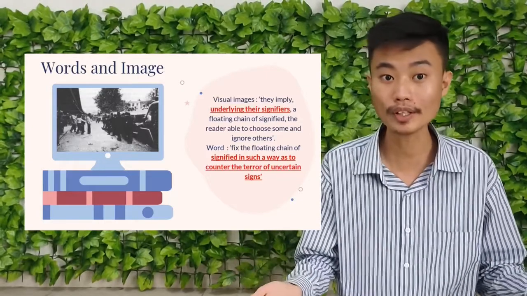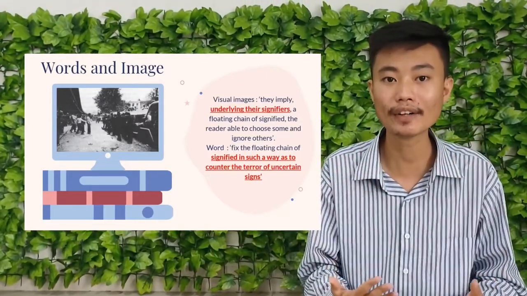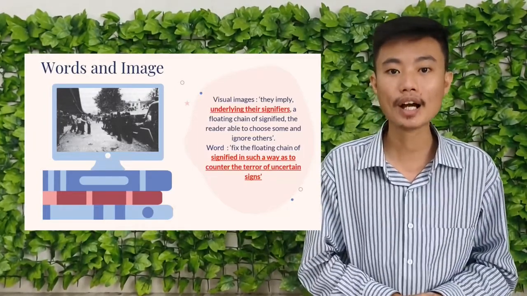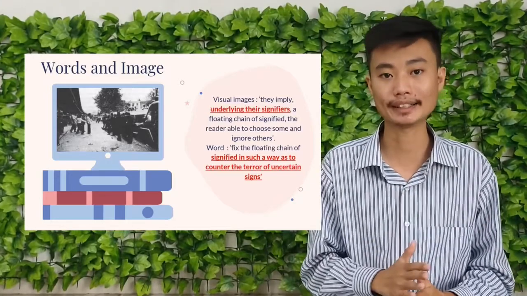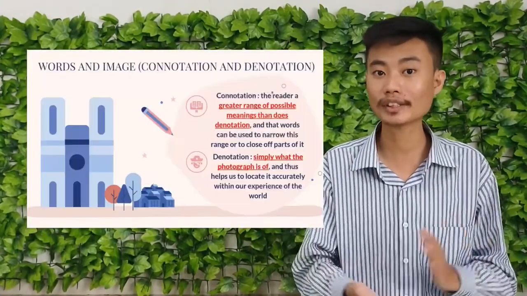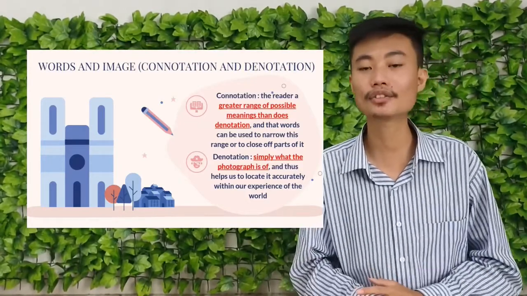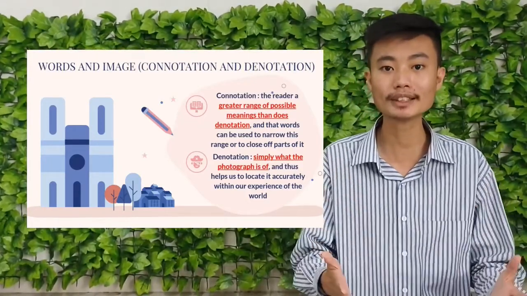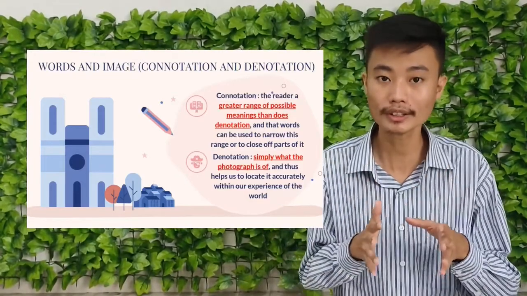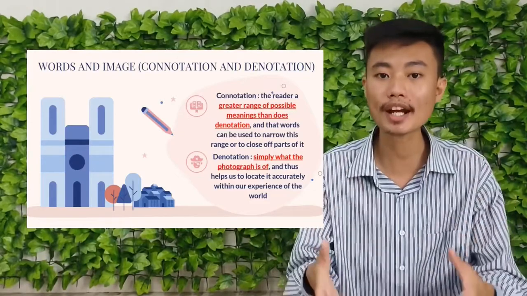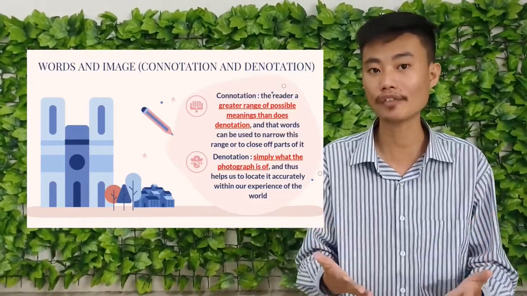We also have words as the fixing of the floating chains of signified in such a way as to counter the terror of uncertain signs. And we also have connotation and denotation. Connotation gives the reader a greater range of possible meanings than does denotation, and words can be used to narrow this range or to close off parts of it.